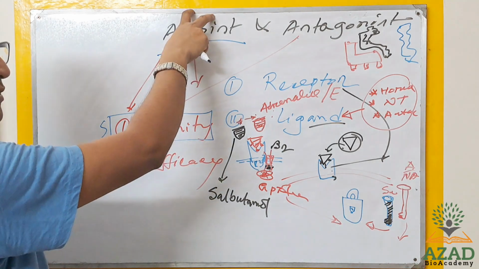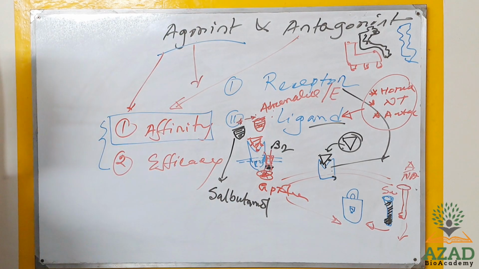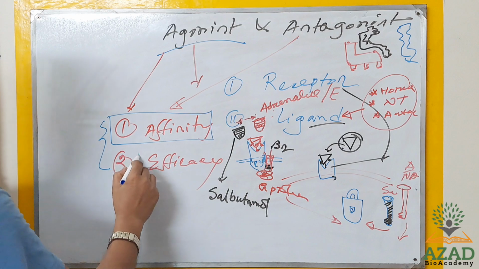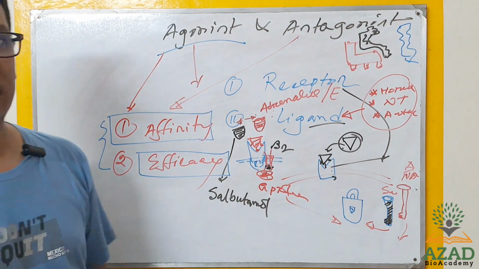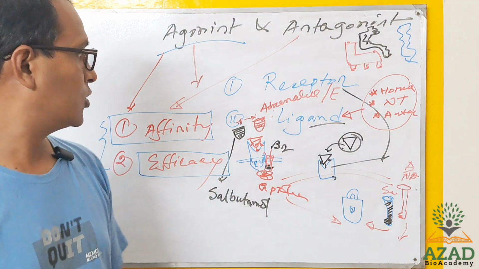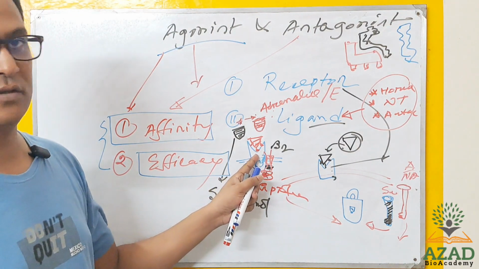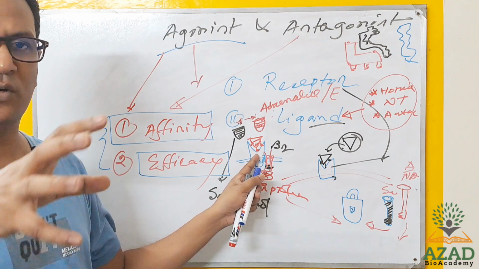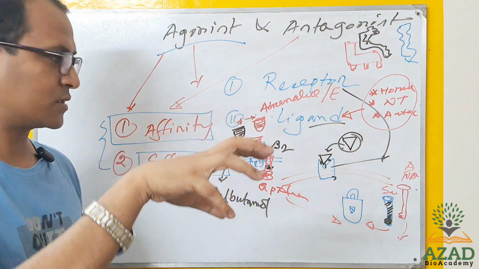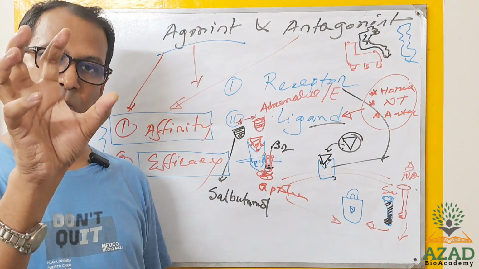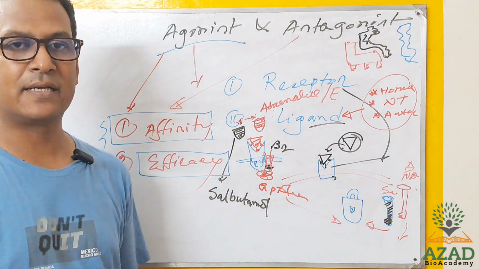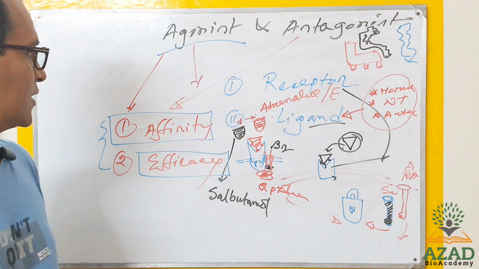As with the agonist, but the antagonist has no efficacy. That means the antagonist has no capacity to change the conformation of the receptor. It will just occupy the proper binding pocket, and it has no ability beyond that.